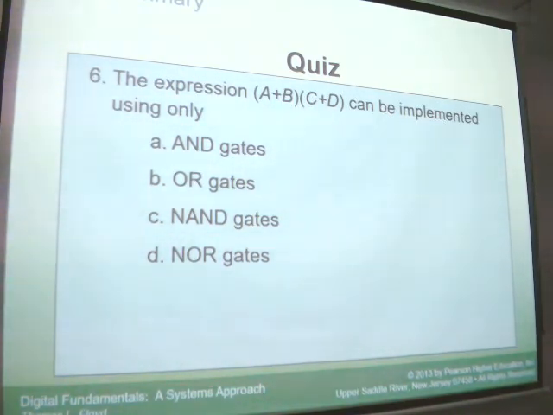According to De Morgan's law, from this expression we know that all are NOR gates: 1 NOR gate, 2 NOR gates, 3 NOR gates. So the answer is D, with NOR gates.